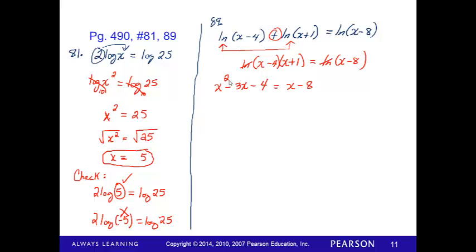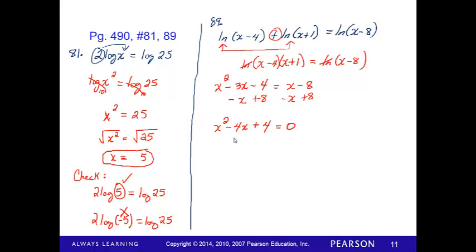It's still quadratic, so we need everything on the same side. So subtract x on both sides, add 8 on both sides, and you'll get x squared minus 4x plus 4 equals 0. Now we still need to solve for x.